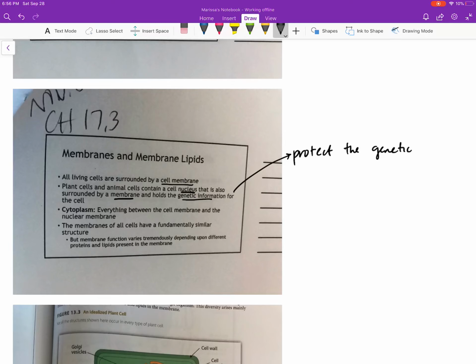Because that's what is going to dictate the ability to pass on the genes. So we want to protect the genetic material, and membranes are a really great way of doing that. Now the cytoplasm, might be something you're familiar with, is everything that is located between the outer cell membrane and what we call the nuclear membrane, which is where the genetic material lives.